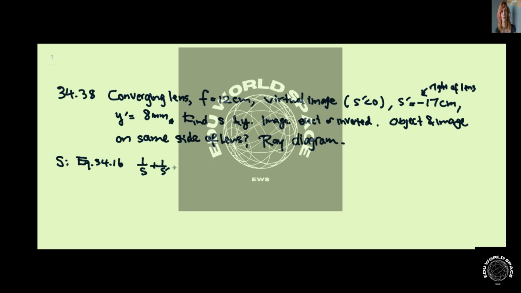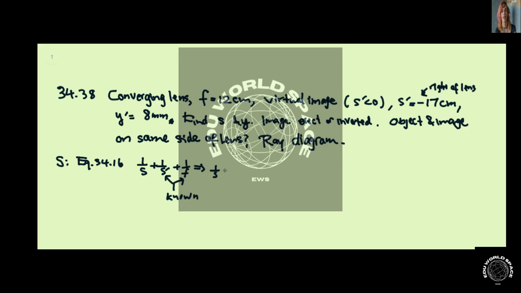So s prime and f are both known. They're given to us in the statement of the problem. And so we can very simply solve for s.